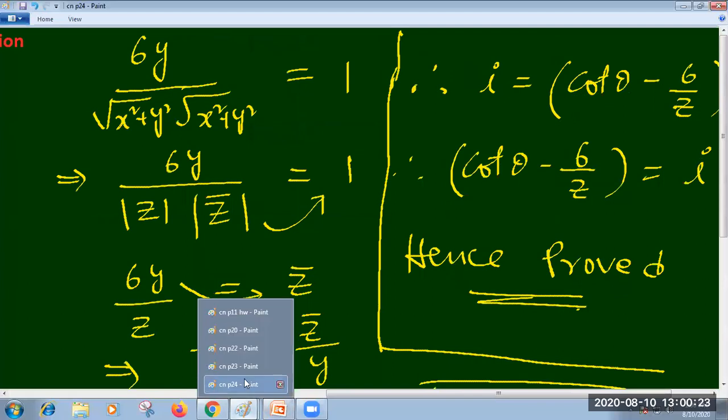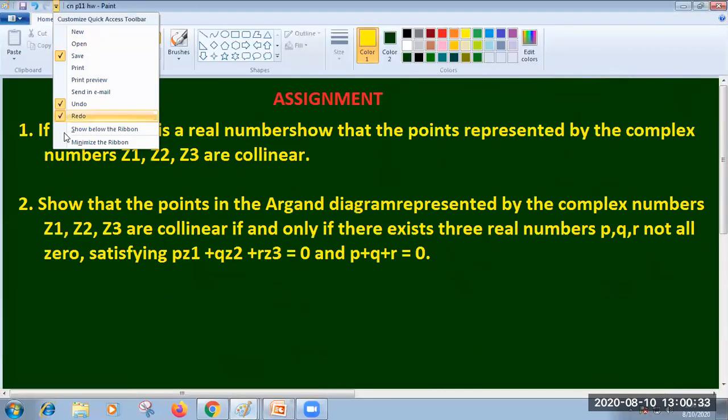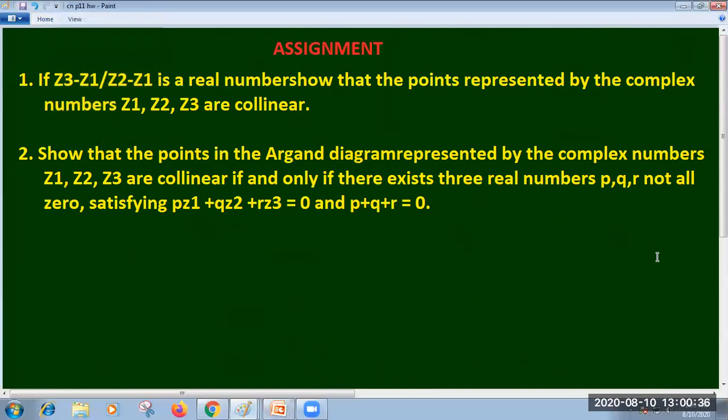So now almost we are at the end of the chapter. We have practiced a number of problems, and this is for your assignment. You can practice these two problems at home. If (z3 minus z1) by (z2 minus z1) is a real number, then show that the points represented by the complex numbers z1, z2, z3 are collinear.